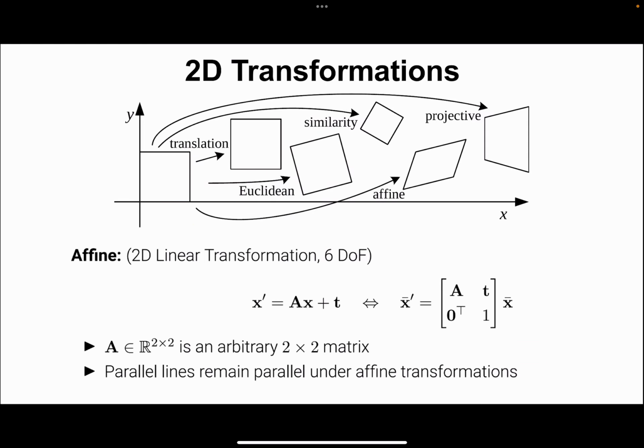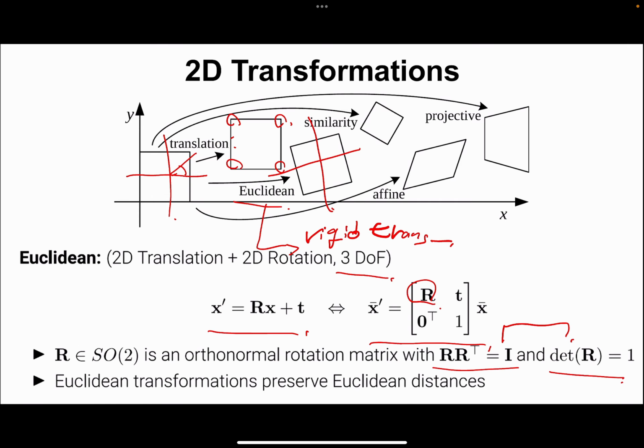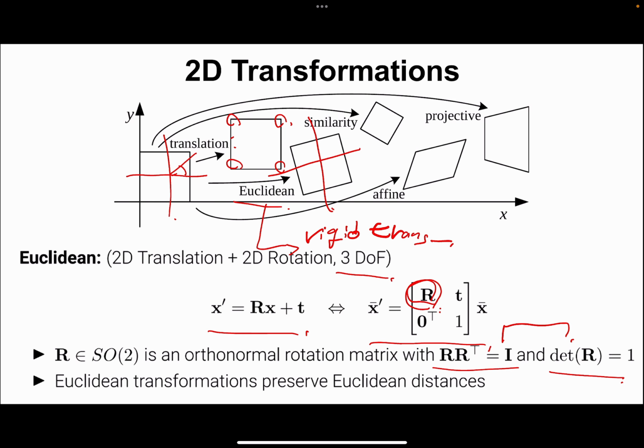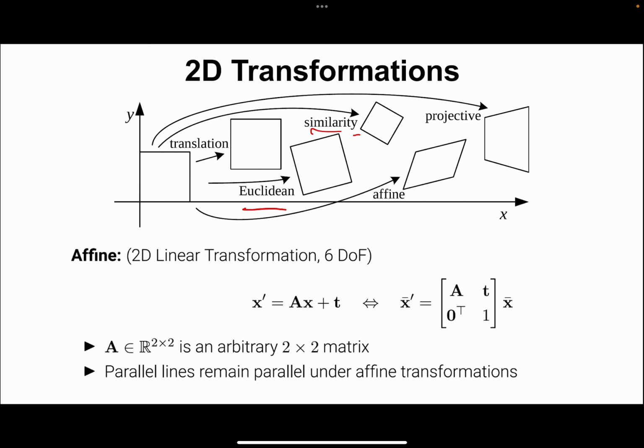And affine transformation. So far, for the Euclidean and similarity, the upper left matrix was a rotation matrix, right? We got this rotation matrix in the upper left, and also here, the upper left rotation matrix, which satisfies these 2 characteristics. The inverse should be the transpose, and the determinant should be 1. But in affine transformation, finally, we are not restricted to the rotation matrix.